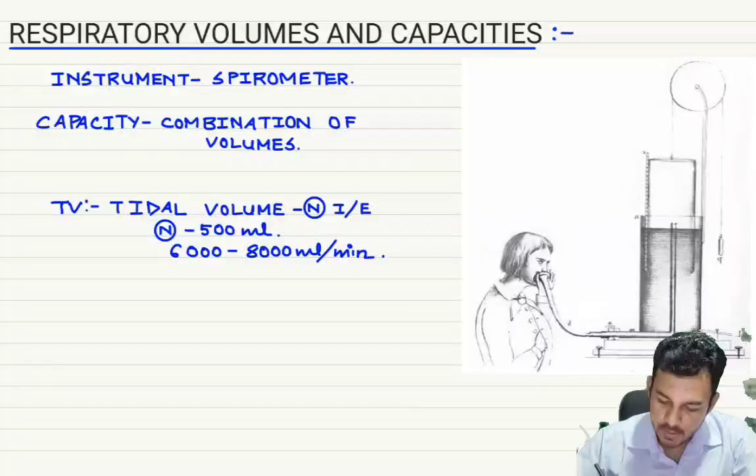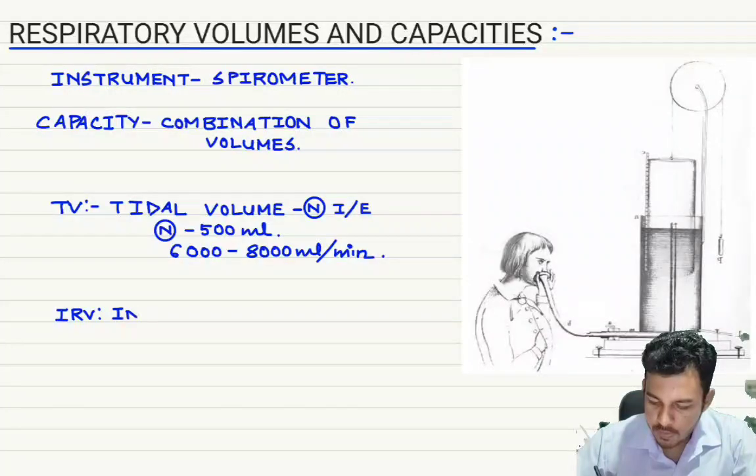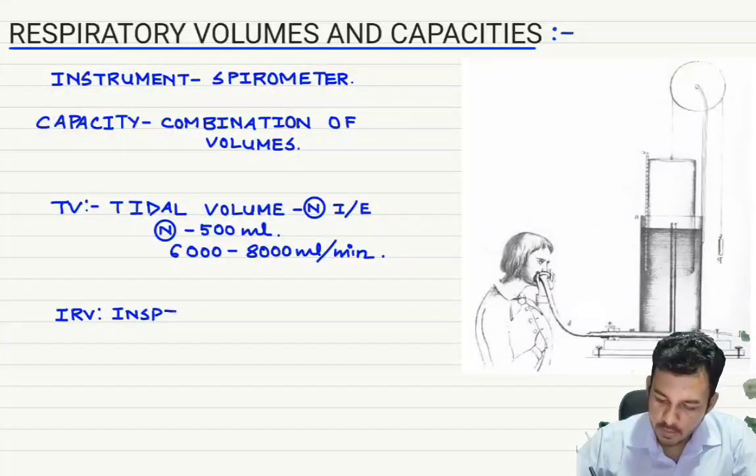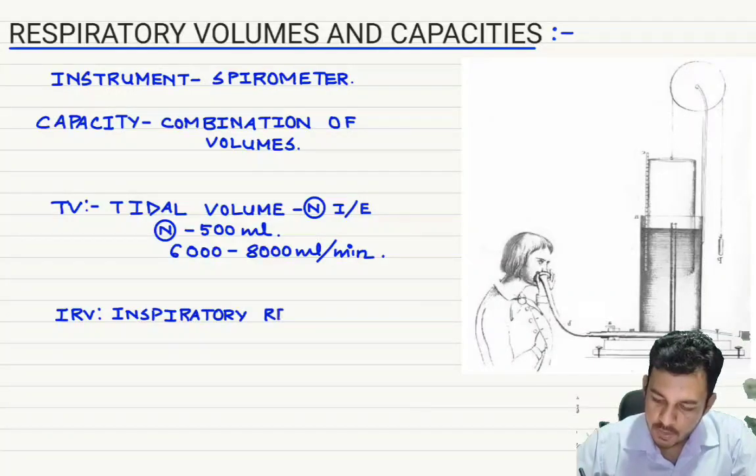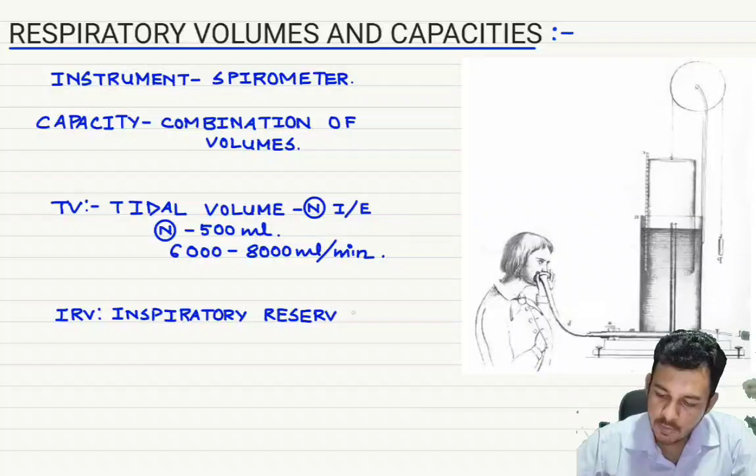Next comes the inspiratory reserve volume. IRV refers to inspiratory reserve volume. Now you will remember this term by dissecting the term itself. Inspiratory refers to inspiration, reserve. Now see, whatever you had done normally comes under the tidal volume.